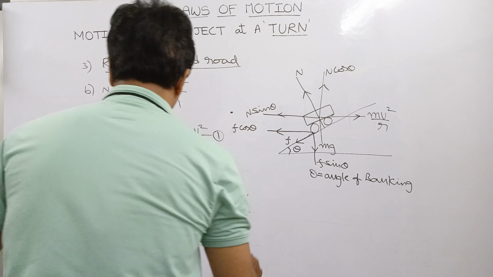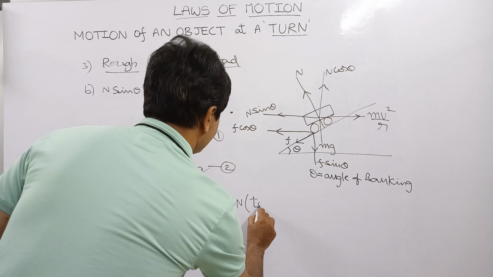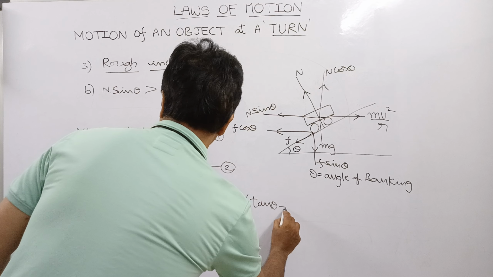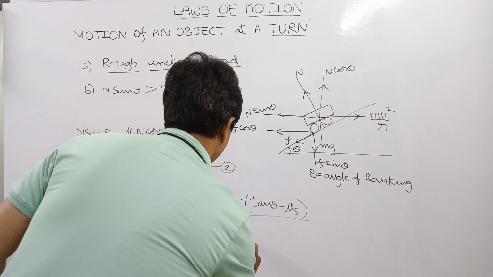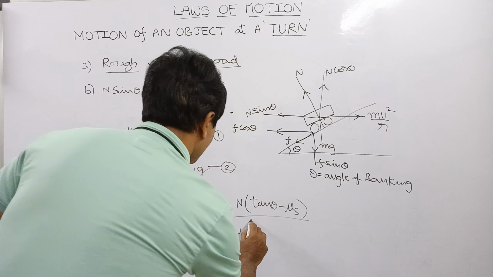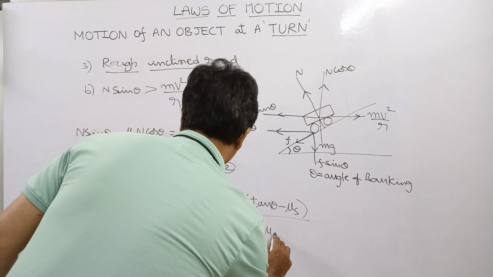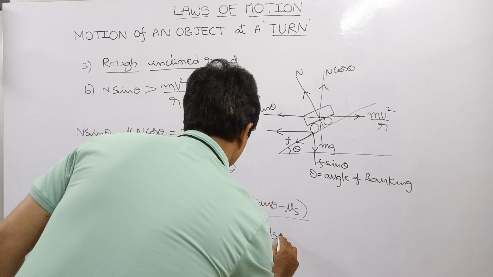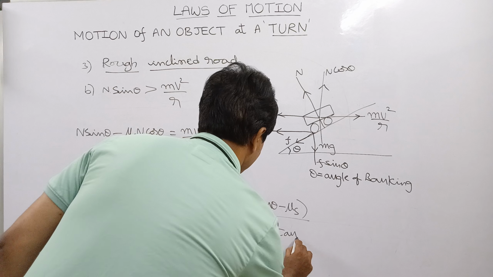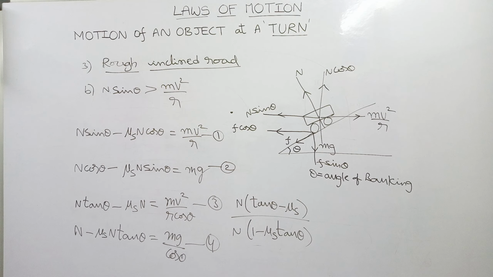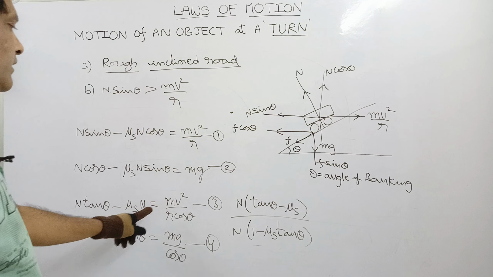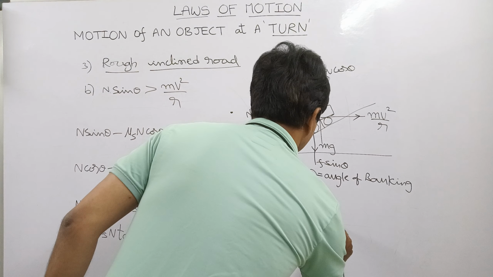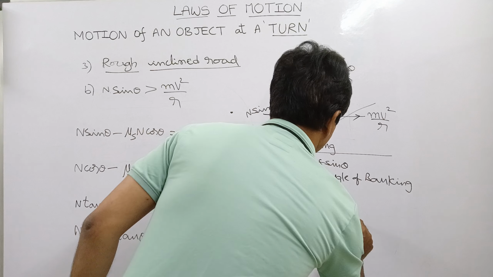Again I can take n as a common factor: tan theta minus mu s, by 1 minus mu s tan theta. I have taken n common out, and the right hand side terms are taken.